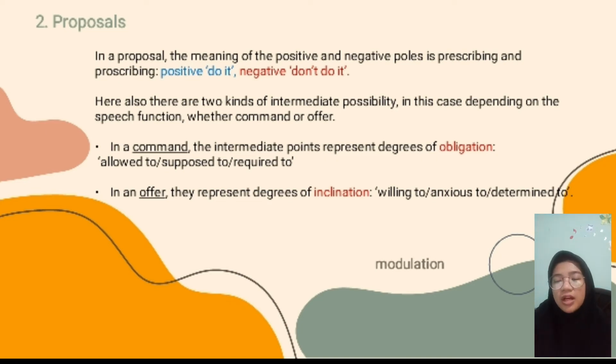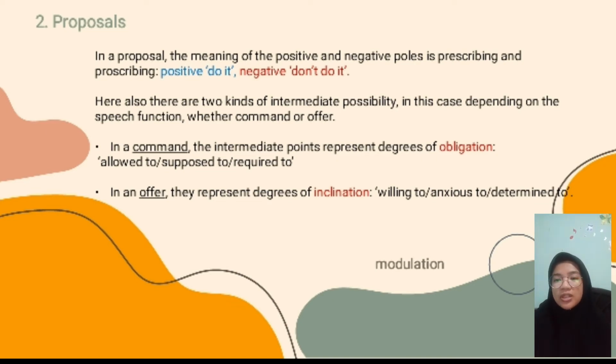And also there are two kinds of intermediate possibility depending on the speech function. It is divided into two, a command or an offer. For a command, the intermediate points represent degrees of obligation. So we could say that this is something we have to do.